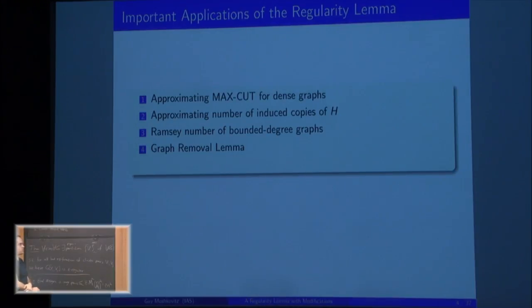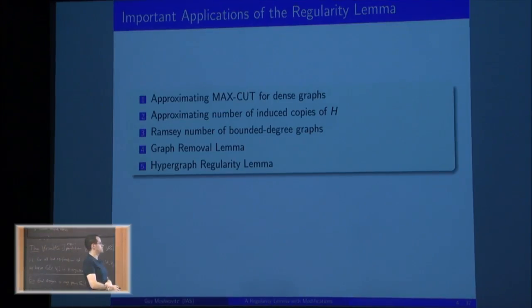I will talk about this in more detail in a few slides. Importantly, the graph removal lemma by itself suffices for other applications, such as Roth's theorem on arithmetic progressions, for example, or approximating the number of copies of some graphs, or also property testing if the graph is free of copies. I will talk about that in a second.